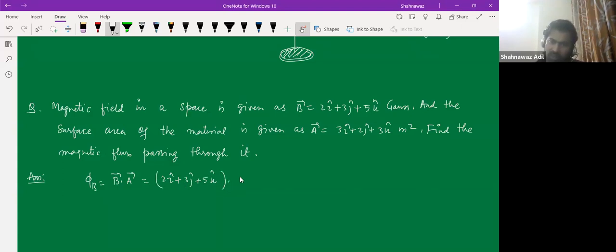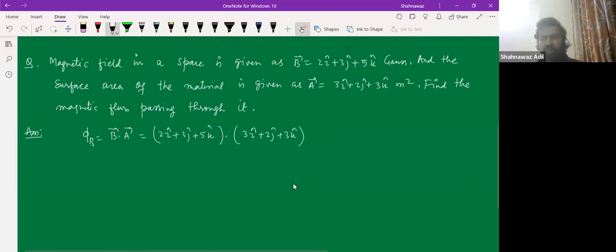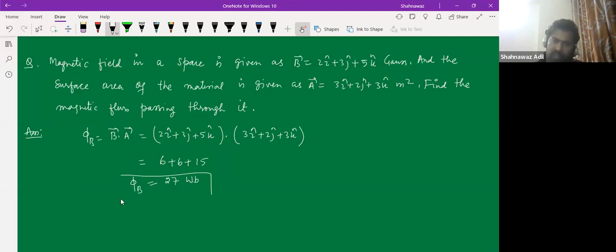Then what would be the answer? So 3 into 2 is 6, plus 6, plus 15. So 6 plus 6 plus 15 is 12 and 12, 27. 27 Weber. Good, this would be the magnetic flux.